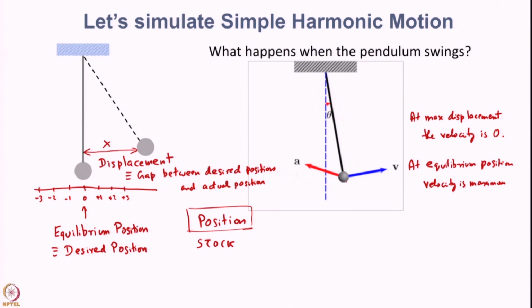And now you saw that the velocity is maximum at the equilibrium position and minimum at the extreme position, and it keeps oscillating. So, in that sense velocity also oscillates. Now, let us define velocity also as a stock.